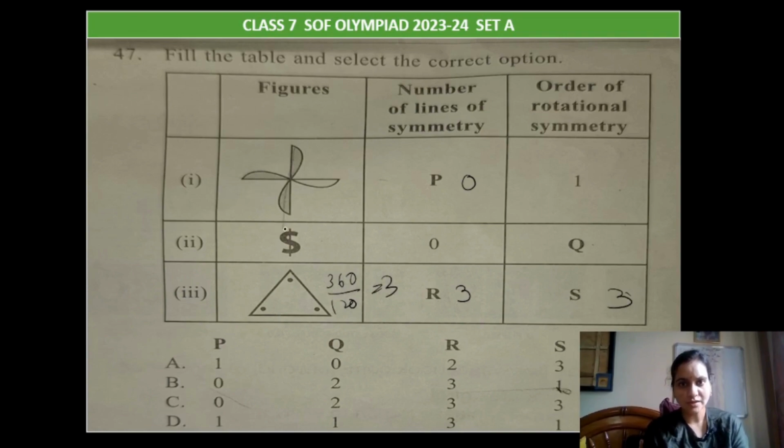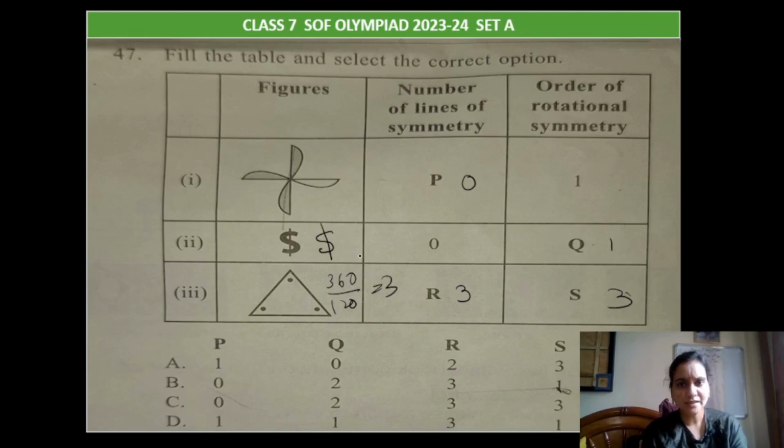Now this dollar sign, or whatever the symbol is, is a little absurd to give here, because the top looks a little longer and the bottom looks a little shorter. So I think it will take a 360-degree turn to come back to its original position. It should be 1. So 0, 1, 3, 3, but such an option is not there.